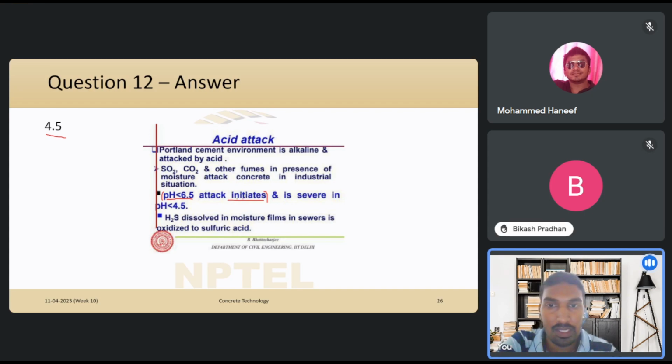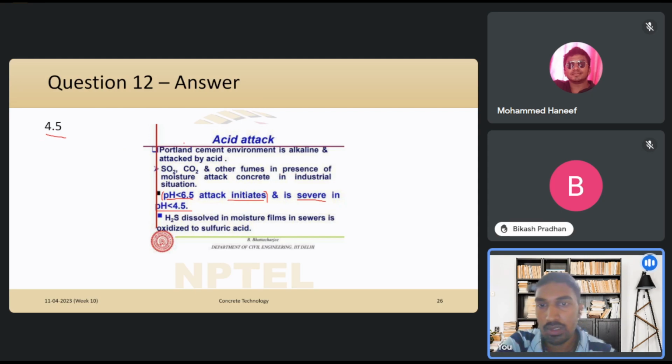When your pH drops further, your acidity is increasing, as you go towards 0, and it becomes more and more acidic. So when it falls below 4.5, you will have more severe effects. Therefore, the right option is 4.5.